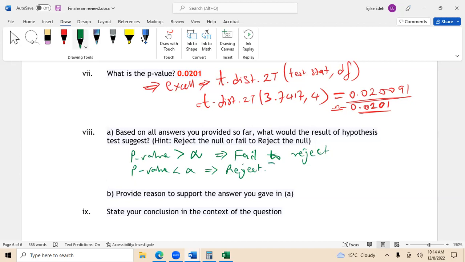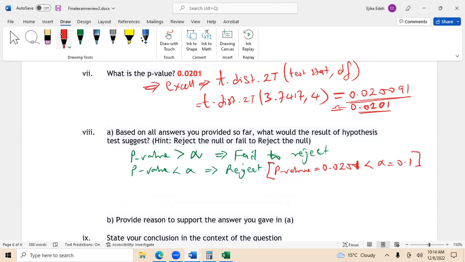We know here that our p-value, which is equal to 0.02009, is actually less than alpha, which is equal to 0.1. Because of that, we'll reject. So our answer will be this one. Questions?